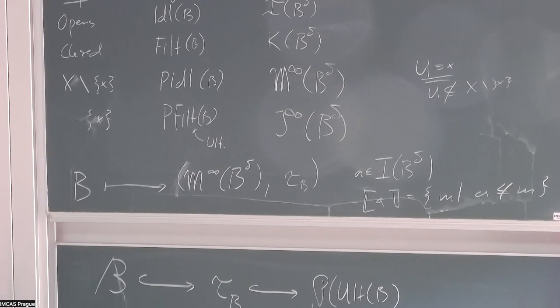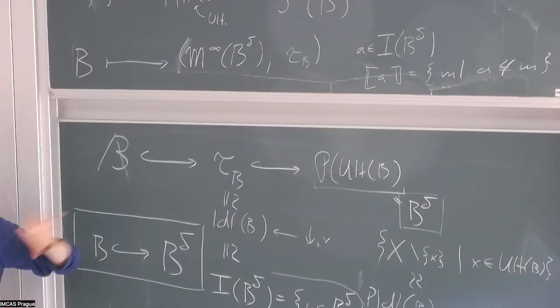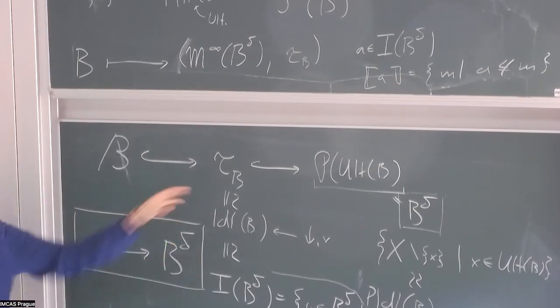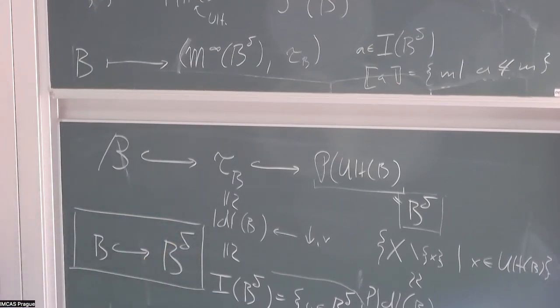So now, what happened here, right? We have a Boolean algebra, and it sits inside a complete Boolean algebra in a very tight way, because if you had any other Boolean algebra in which it would sit the same way, it would have to be isomorphic to it, all right? It's very tight.